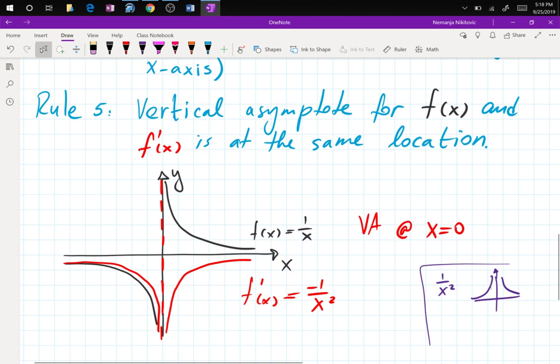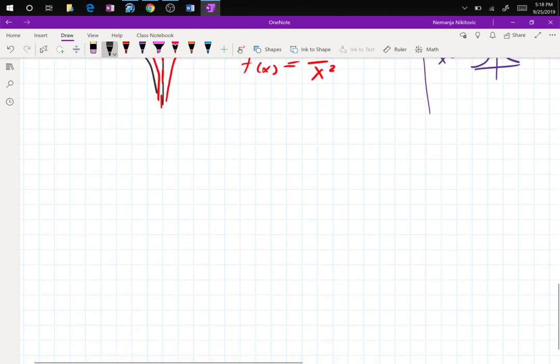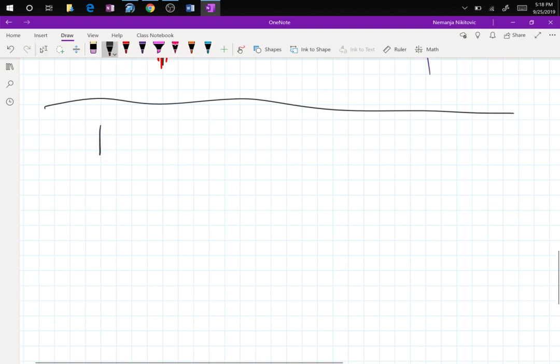A little bit more on this, giving another type of graph. Let's go. So say we go like that.